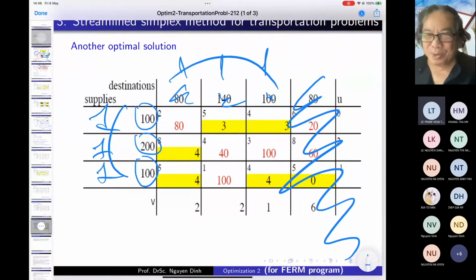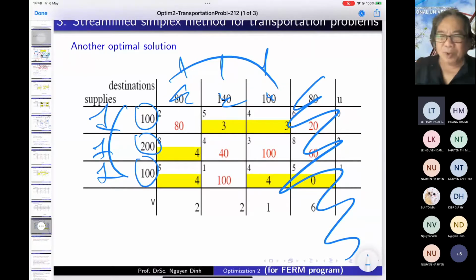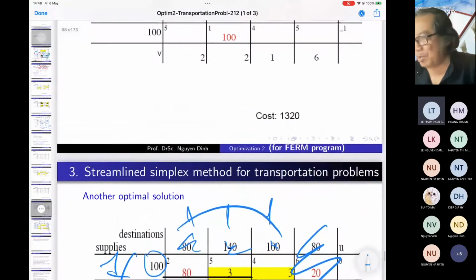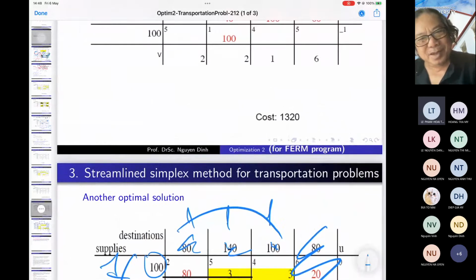You see? We have 3 machines and 3 places. How to install the machines, which machine at which place is suitable, and the cost is minimum. So it is a very special case of this, and one of our groups will start to talk about this.